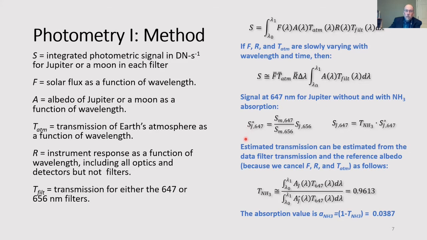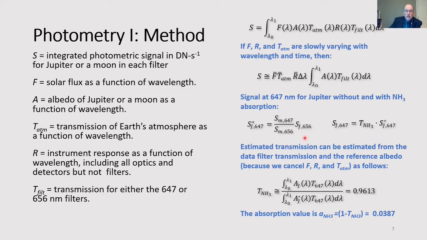So we can approximate them by averages and pull them out of the integral. What we want to look for is the signal we're expecting in Jupiter with and without the ammonia. So if you figured you could predict what Jupiter would look like if it had no ammonia, you could do this by using the moons of Jupiter to estimate what the ratio of continuum signal would be between 647 and say 656 nanometers.